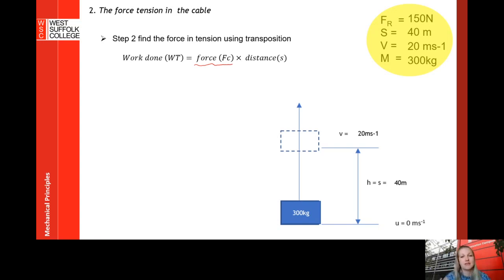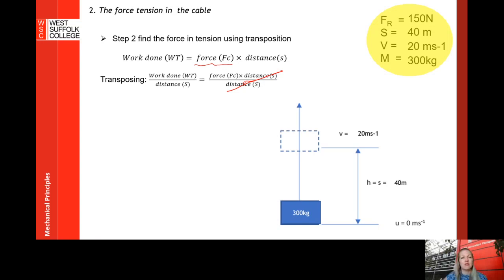So what I can do is I can then look at the other part of the equation that I don't need, and I can then divide both sides by that. And in this case, it is distance. So I'm going to divide both sides by distance. And guess what? That means I can then cancel out any reoccurring elements. And in this case, that is distance. So I can get rid of him, and also I can get rid of him.